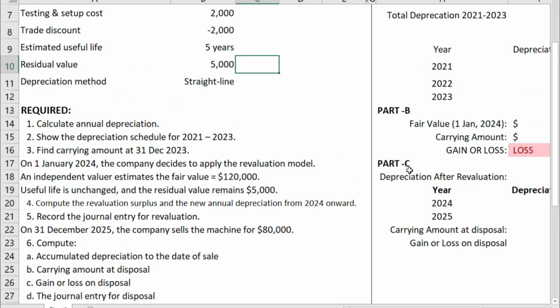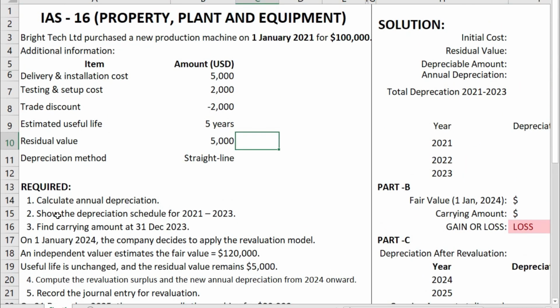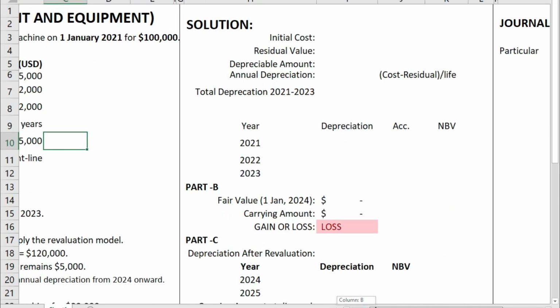So now we will calculate step by step. First of all, we have to find out the total initial cost of that particular machine.